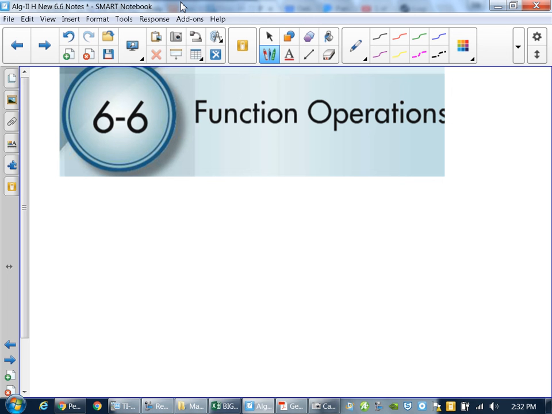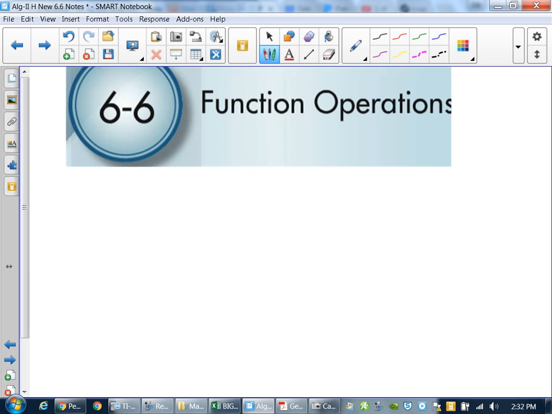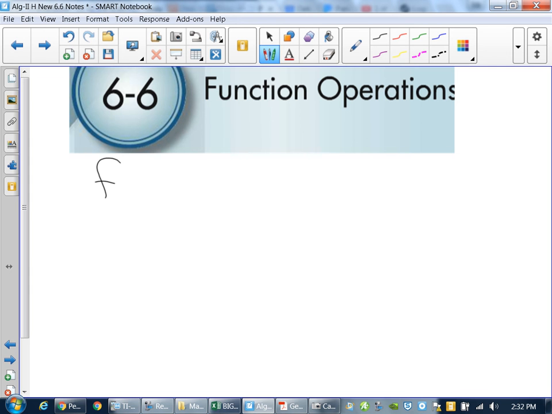Function operations is really nothing more than this. You will be given two things like this, an f of x equation and a g of x equation.